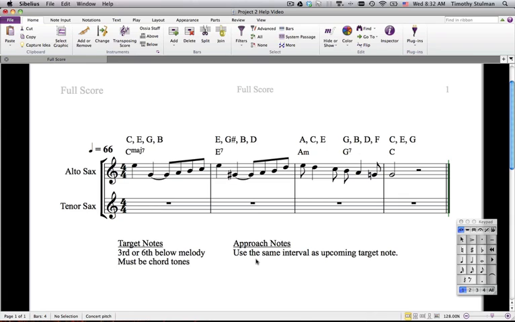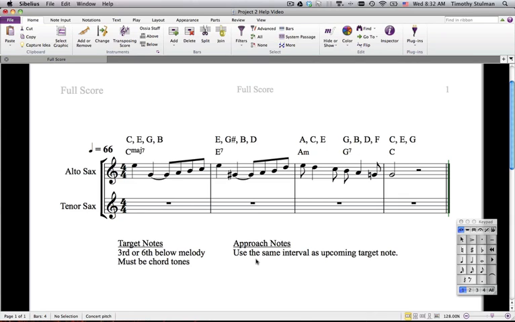With approach notes, we use the same interval as the upcoming target note. That would be the target note directly to the right of the approach notes. And that's why they're called approach notes, because we harmonize them based on the approaching target note.